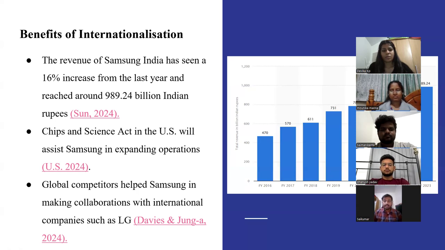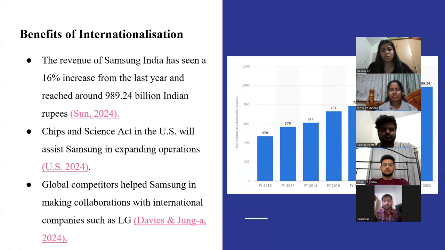In the slide, the average revenue in 2016 was 470 billion Indian rupees, and in 2017 the average revenue was 570 billion Indian rupees.